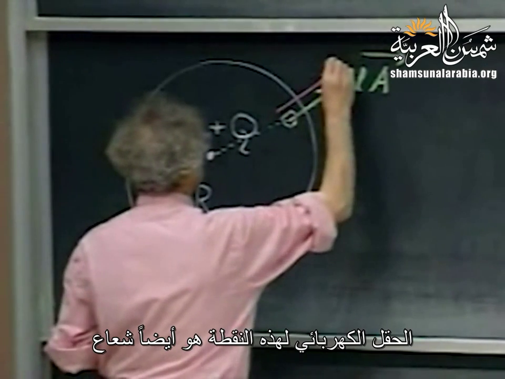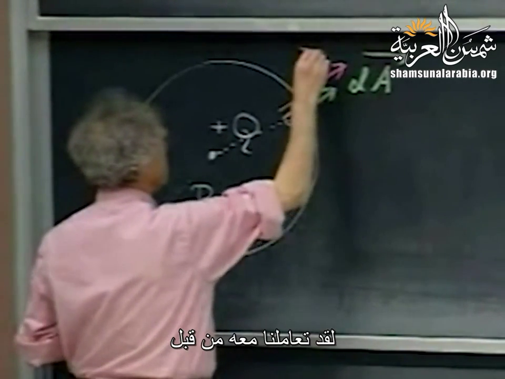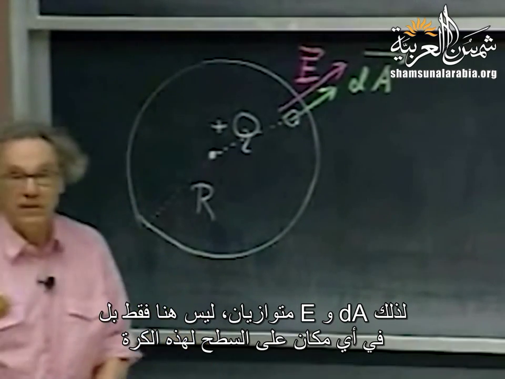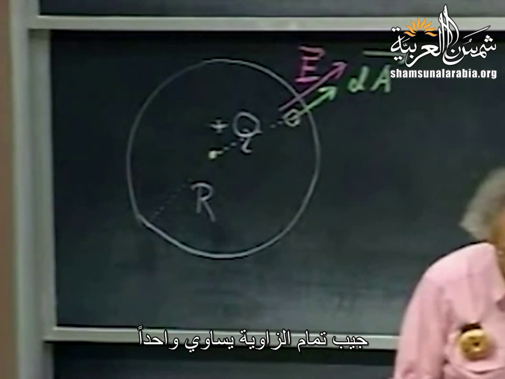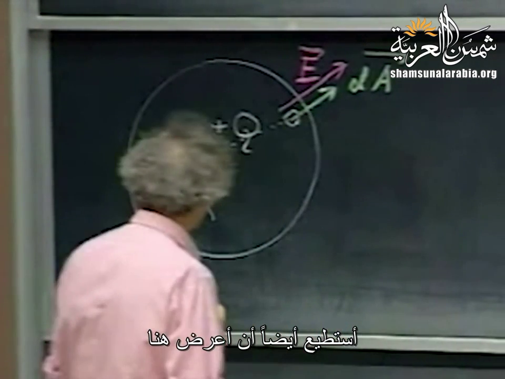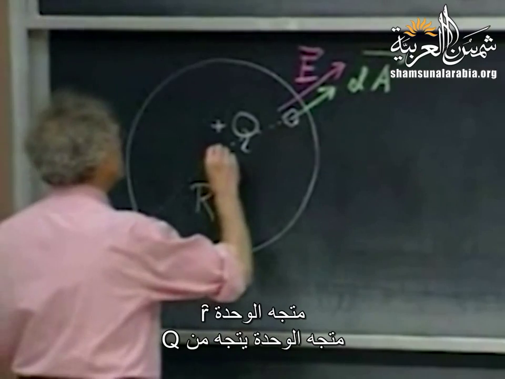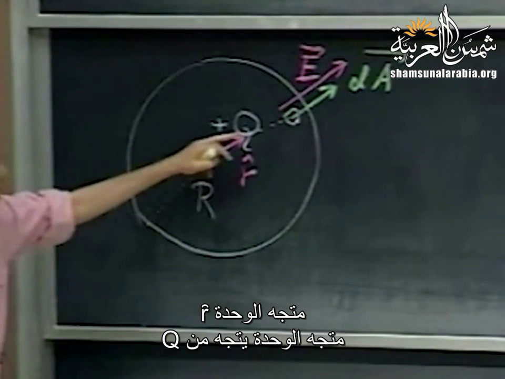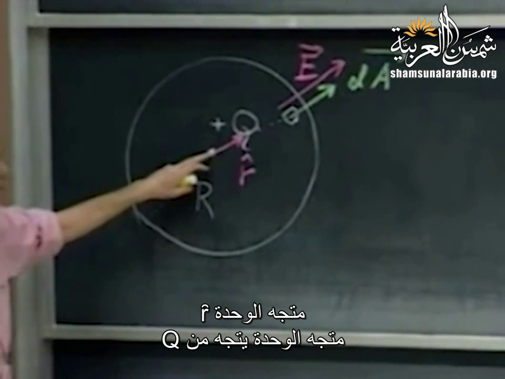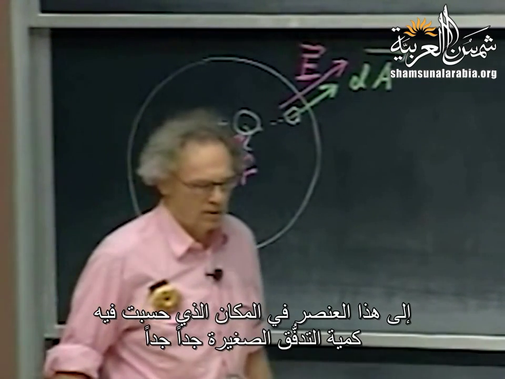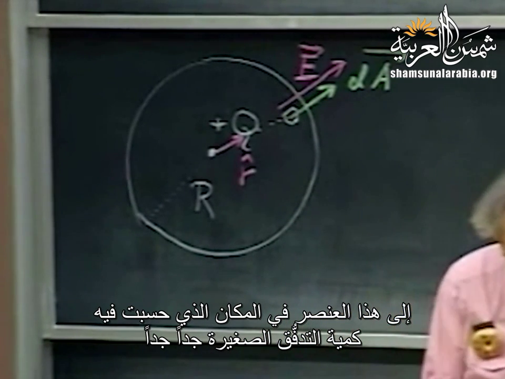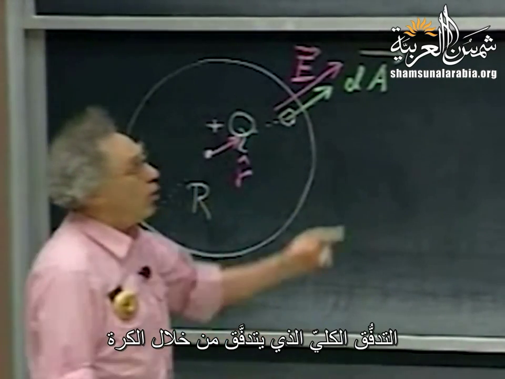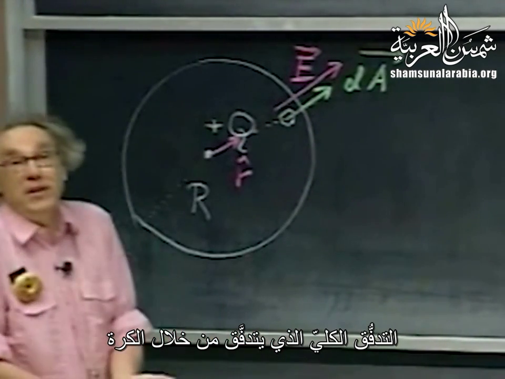We have dealt with that before. So dA and E, not only here, but anywhere on the surface of this sphere, are parallel. So the cosine of the angle equals 1. I can also introduce here the unit vector r roof, which is the unit vector going from capital Q to that element where I evaluate the teeny-weeny little amount of flux. So if now I want to know what the total flux is through this sphere, that's very easy.